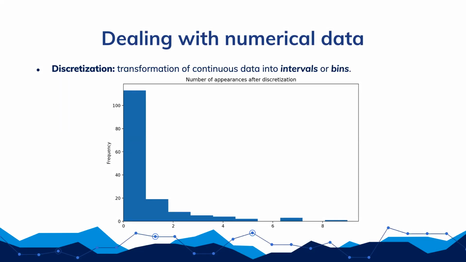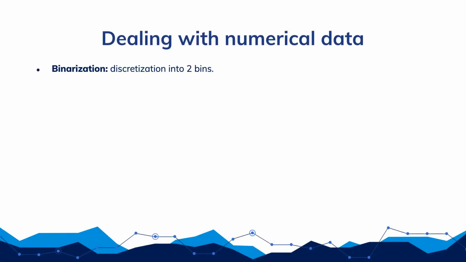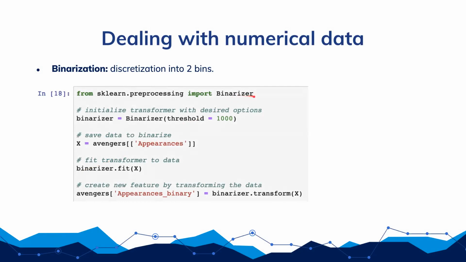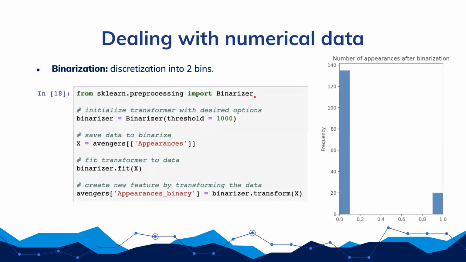Now all the other ones will look very similar, as you see. Let's suppose that instead of 10 you want just 2. You can do the same as before with 2 bins, or you can use something simpler, which is the binarizer. If you do this, you just have to define a threshold. Here I think I'm using again the number of appearances.